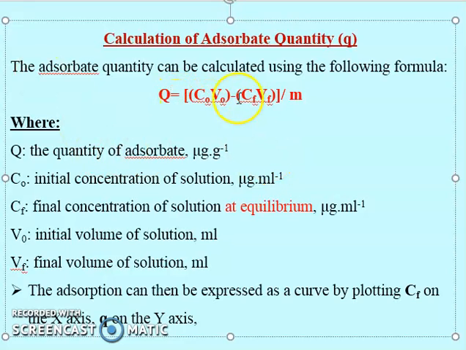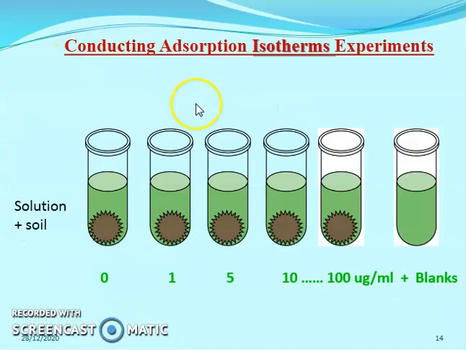So Q is the final amount adsorbed, as I told you, while C is the final concentration after shaking. Here you have a series. So after you make this experiment, you will acquire two parameters.